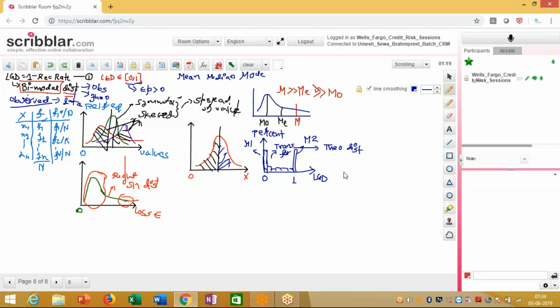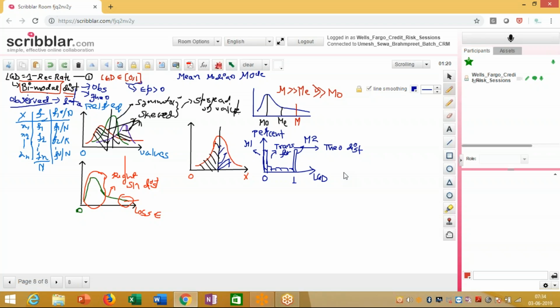The next basic objective is to understand theoretical distributions and to see how this LGD can be transformed into a continuous, smoother distribution. What are the ways of doing that? How can we go about doing this?